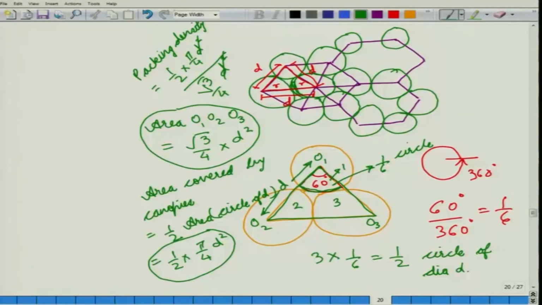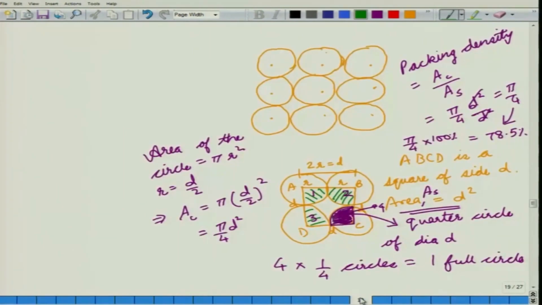D square and d square get cancelled out, 4 and 4 get cancelled out, and so it becomes pi d square by 8 divided by root 3 by 4 into d square. So, d square and d square get cancelled out, and this becomes pi by 8 into 4 by root 3, or when expressed in percentage terms it becomes 90.6%.